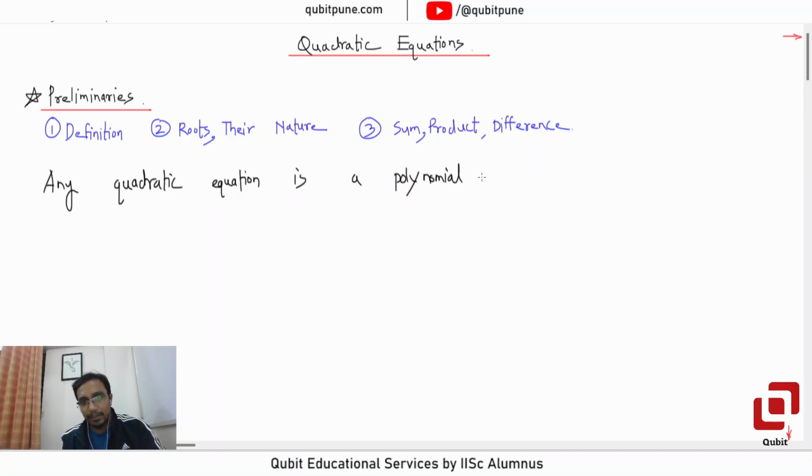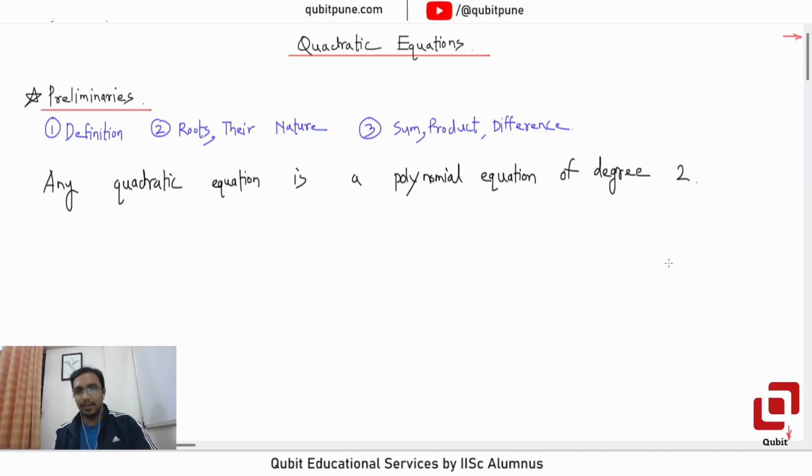It is a polynomial equation, which means by the fundamental theorem of algebra, no matter what the coefficients of quadratic equations are, we will always have roots of quadratic equations defined in the set of complex numbers, right? So any quadratic equation is a polynomial equation of degree 2.